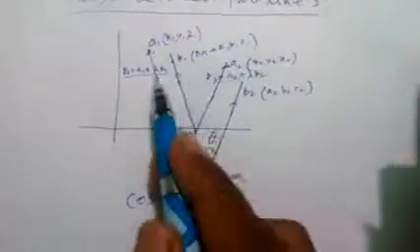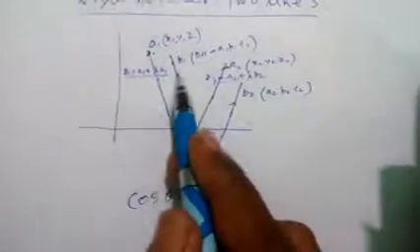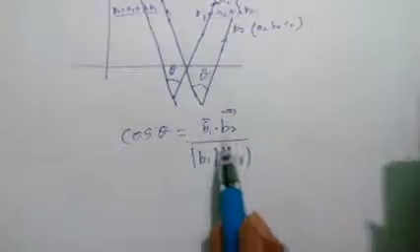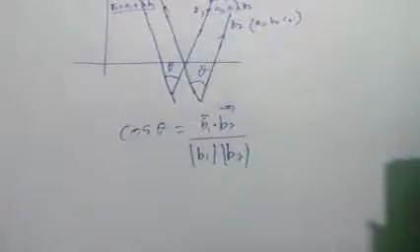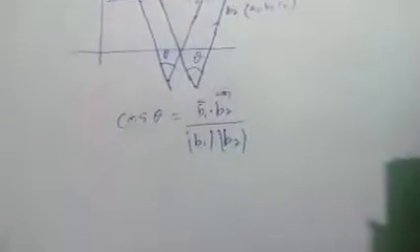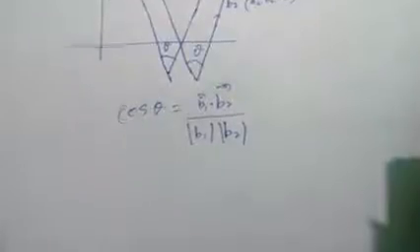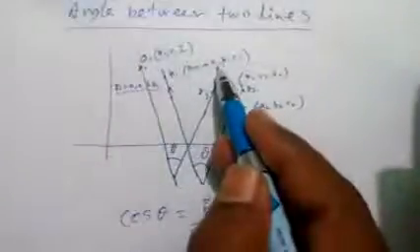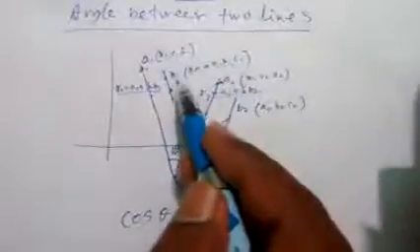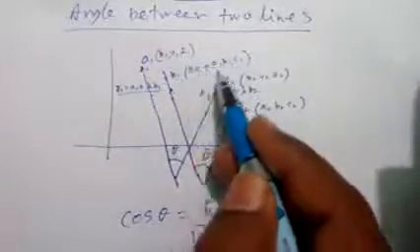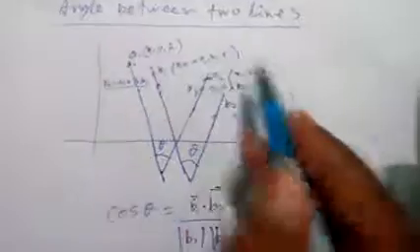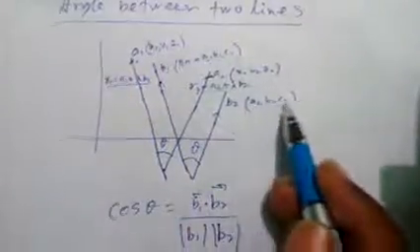Actually we need to find first, from the equation, the parallel vectors b1 and b2, and we shall put the values here. Now, what will be the Cartesian form of this equation? Here you see, vector b1's direction ratios are a1, b1, c1, and b2's direction ratios are a2, b2, c2.